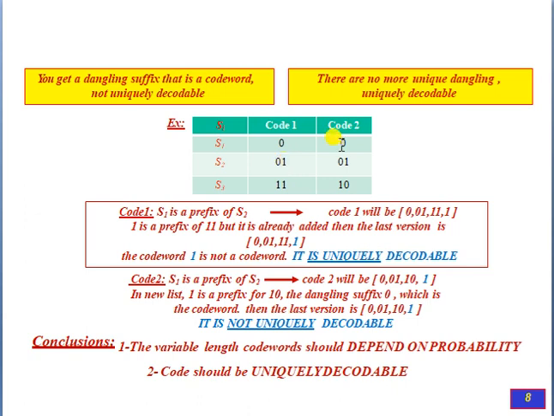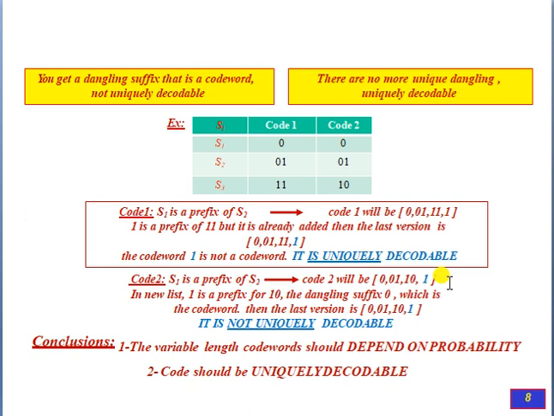Now consider another example for code 2: 0, 0, 1 and 1, 0. Now 0 is the prefix of 0, 1 and the dangling suffix is 1. 1 is not a code word, so add it to the list.